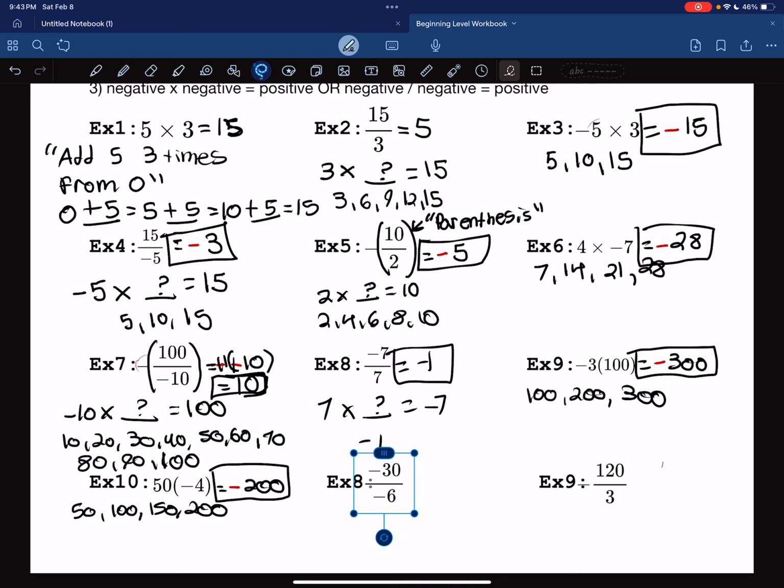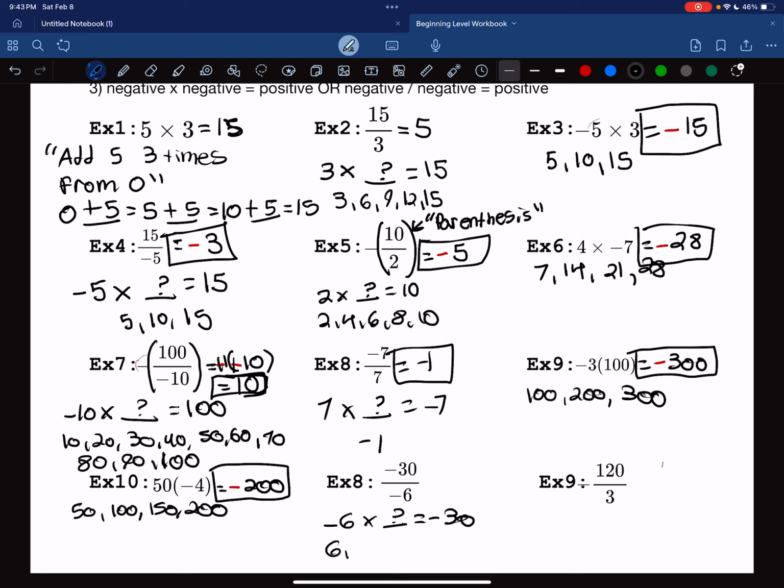Looking at, this is supposed to be example 11, we have negative 30 divided by negative 6. So in this case, this is asking us negative 6 times what will get you to negative 30. So let's count up by 6 until we get to 30.